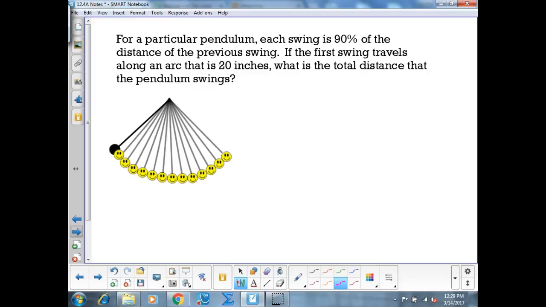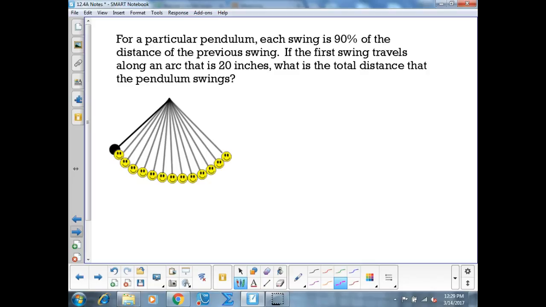For a particular pendulum, each swing is 90% of the distance of the previous swing. Okay? So, tough to see this on the interwebs, but okay. So a pendulum swings like this.